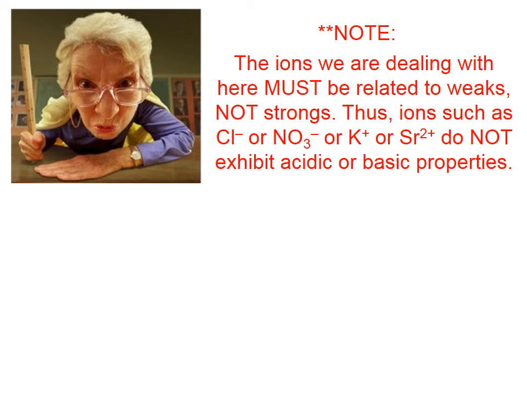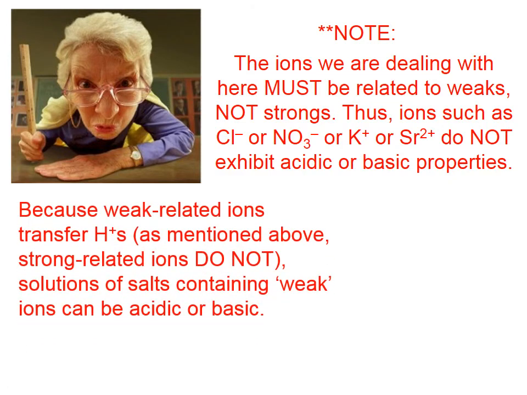Thus, ions such as the chloride ion, or the nitrate ion, or the potassium ion, or the strontium ion do not exhibit acidic or basic properties. All of those are related to either a strong acid or a strong base, and any such ion that is related to a strong acid or base does not behave in the way we've just described.